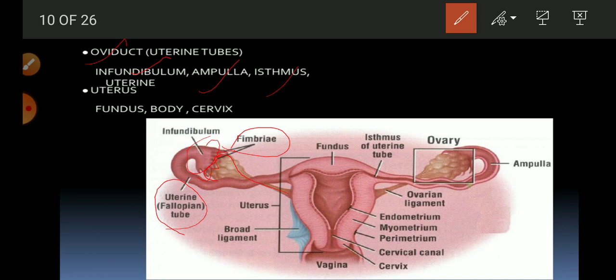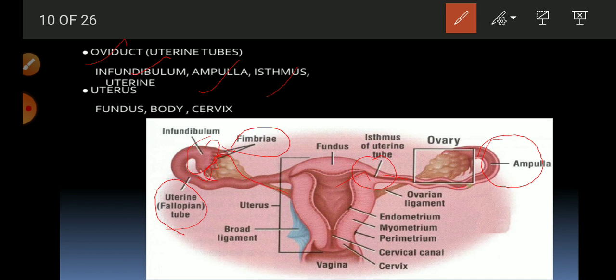Then the next one is the ampulla, the long duct which is a continuation of the infundibulum. Then we have the isthmus, the narrow part, which is the connection between the uterus and the fallopian tube.